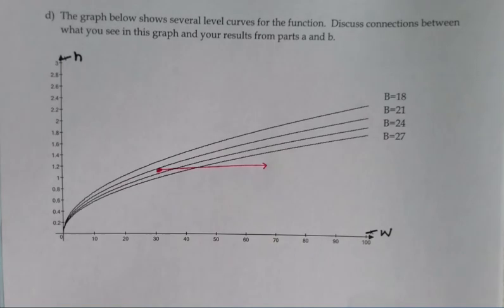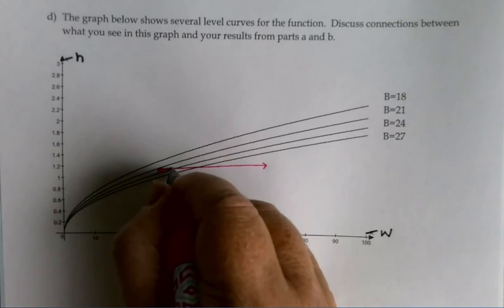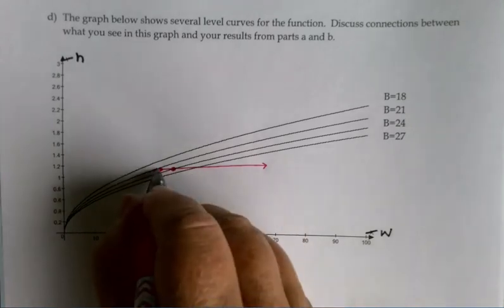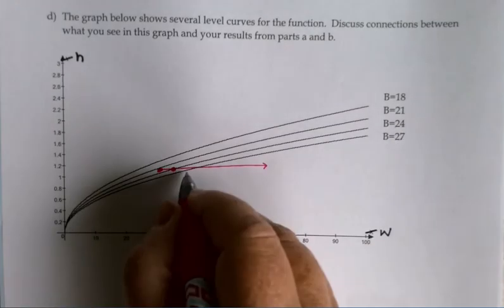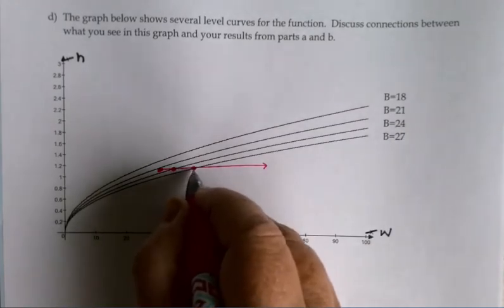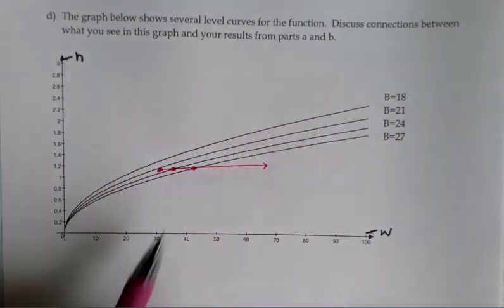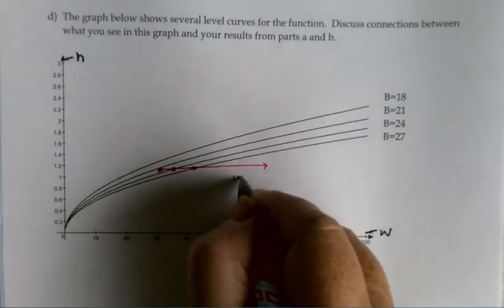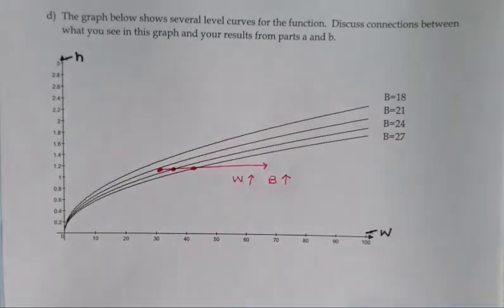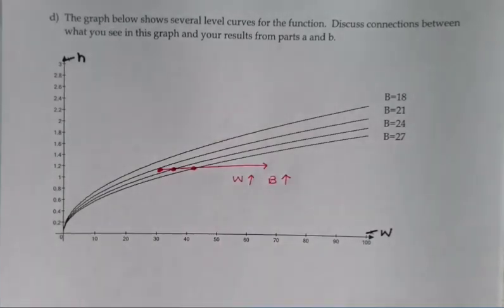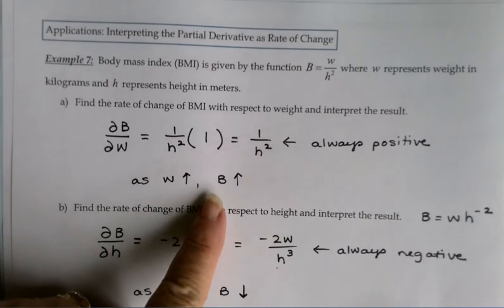Look at what happens to the body mass index, or the b values. As I move over, I go from my starting b, which was 21, to a larger b of 24, and then finally to a b of 27. So again, I'm seeing that as weight goes up, BMI goes up. That's exactly what we predicted based on our derivative, right?